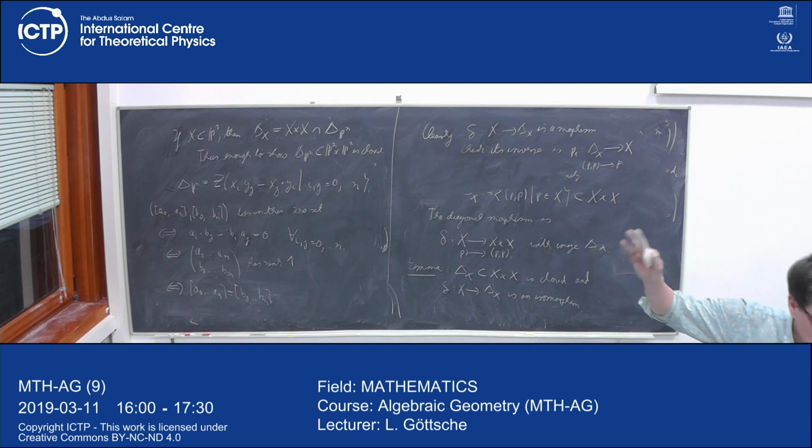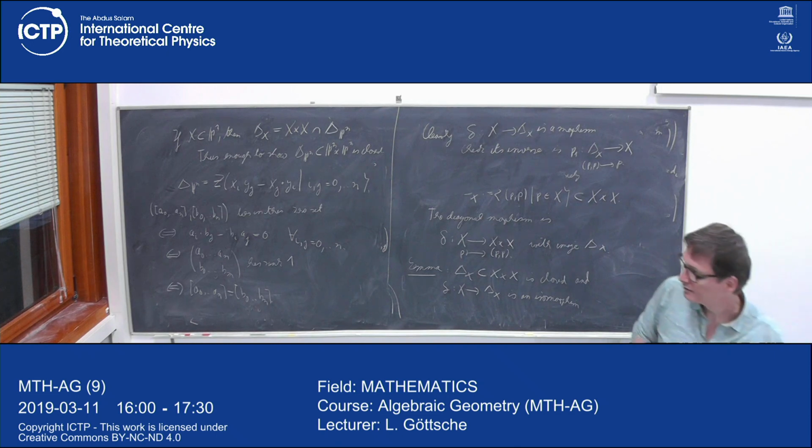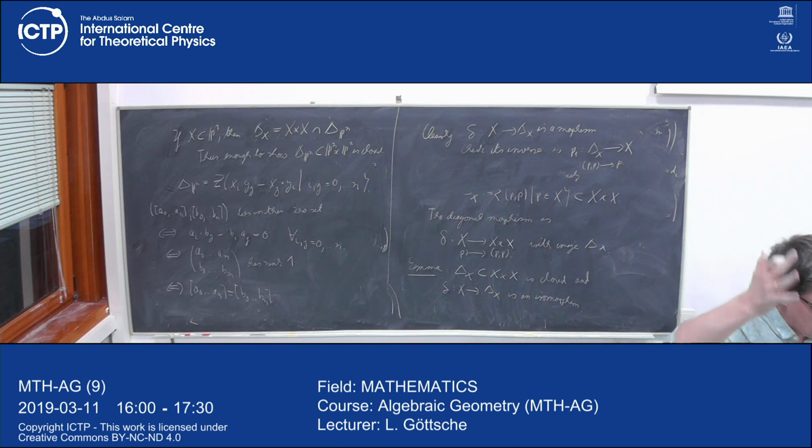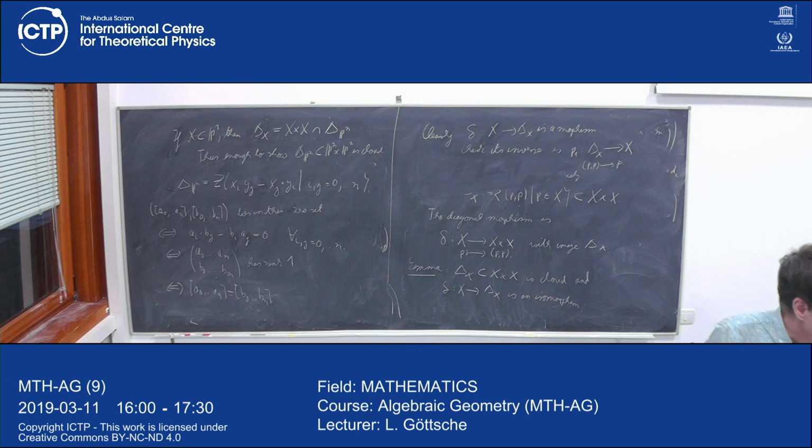But somehow the fact that the diagonal is closed sometimes allows us to work as if we would have the Hausdorff property. Because if we would have defined the topology on the product to be the product topology, then that the diagonal is closed would actually be equivalent to the Hausdorff property.